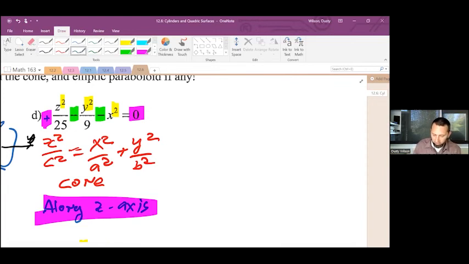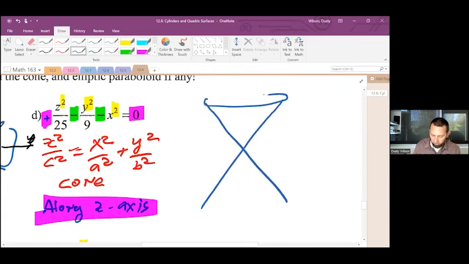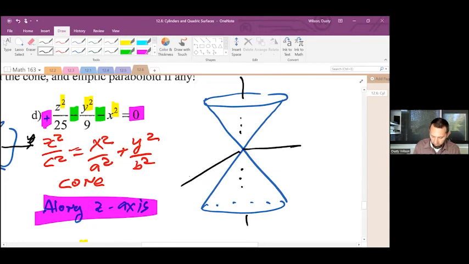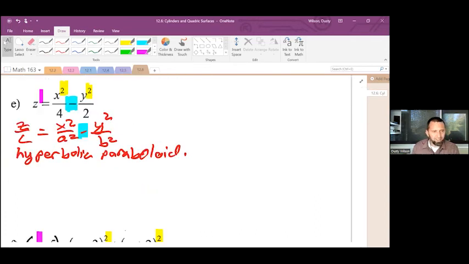So cones are kind of easy to draw. So you kind of draw an X and do a circle on the top and bottom of the circle below. Add your axes and away you go. In E, we need to graph the hyperbolic paraboloid.